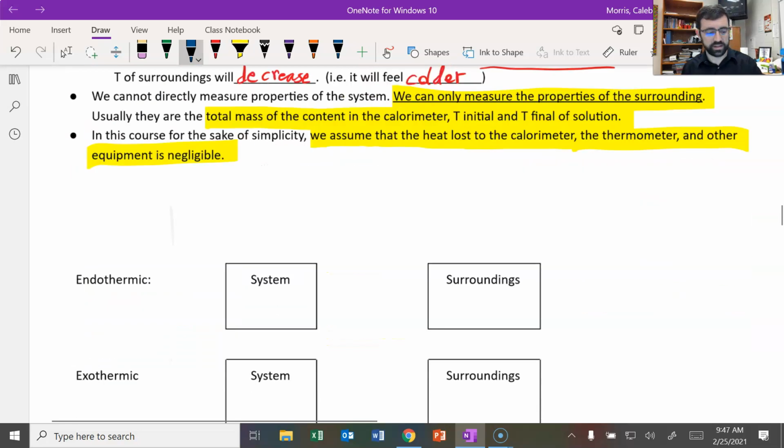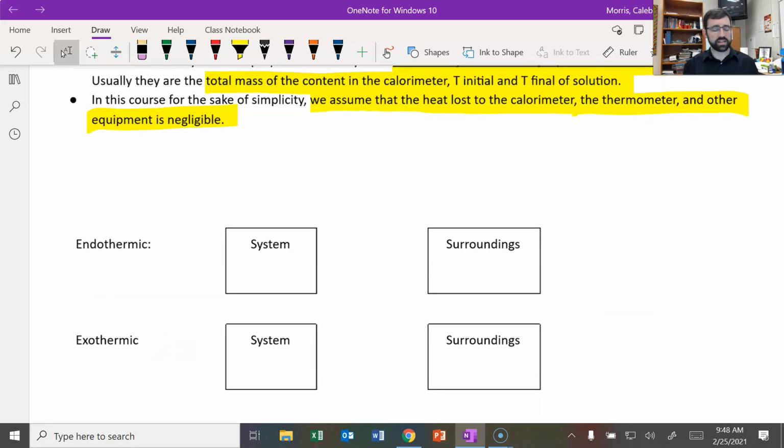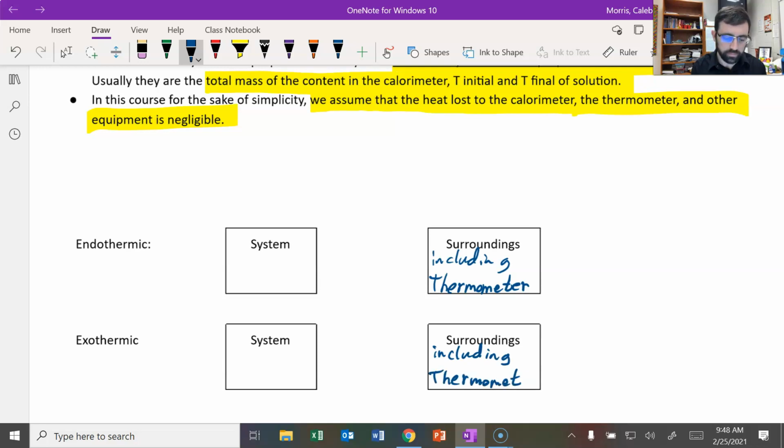Okay, a couple more things. This just sums it up. Remember that the surroundings includes the thermometer. That's always going to be included in the surroundings. Just jot that down. So, in an endothermic process, heat is being transferred from the surroundings to the system.